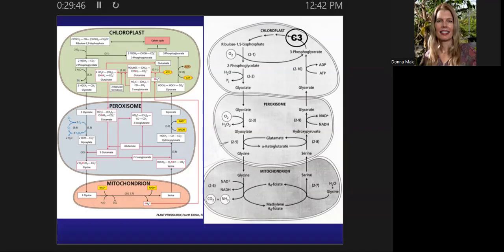And then with 2 glycines, CO2 comes off, and you end up with a serine that has to find the peroxisome. Finally, you get glycerate that has to find the chloroplast. And then knowing that you have ATP involved, an energy cost, and knowing that you get loss of carbon, CO2 given off. Those are huge. And then, of course, once PGA is made, that's good because then you can get the Calvin cycle cooking along.